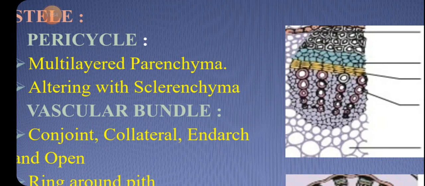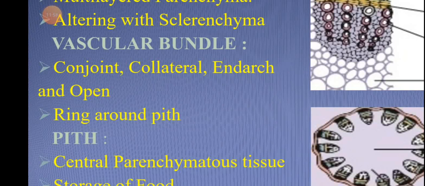Okay, then the vascular bundle, very important in plants. By observing the vascular bundle we can see whether it is a dicot or monocot, what type of plant it is. Okay, the vascular bundle is conjoined. Conjoined means what? In the vascular bundle, two important things are present: xylem and phloem.